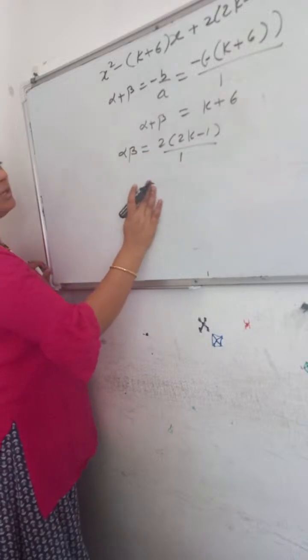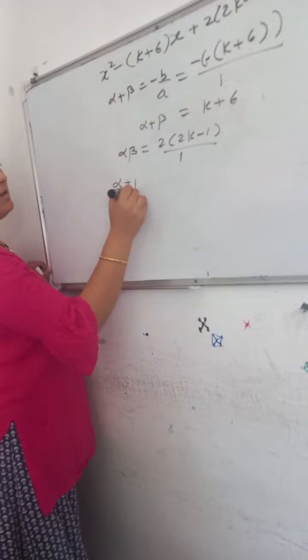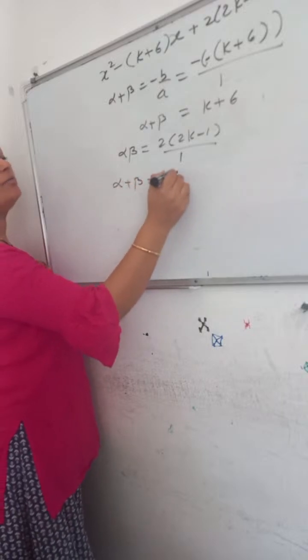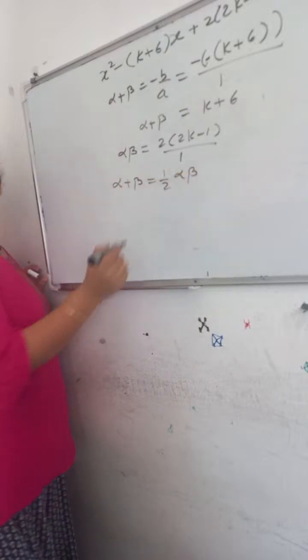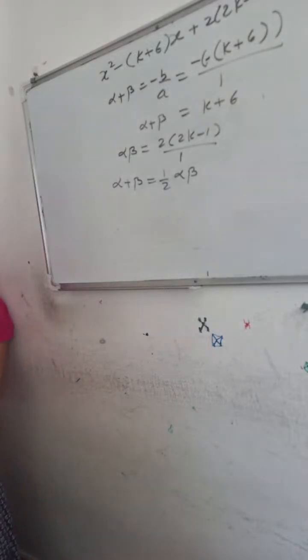So here what they are saying, alpha plus beta is half of their product. This clause is given: the sum of the zeros is half of the product of their zeros.